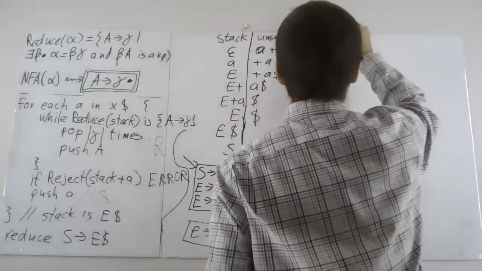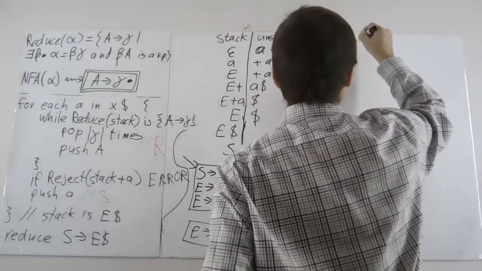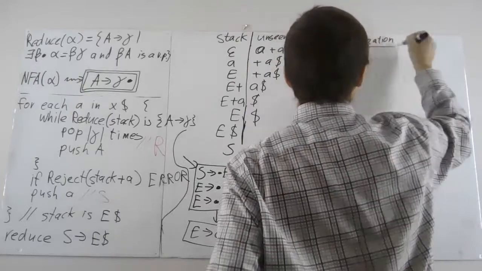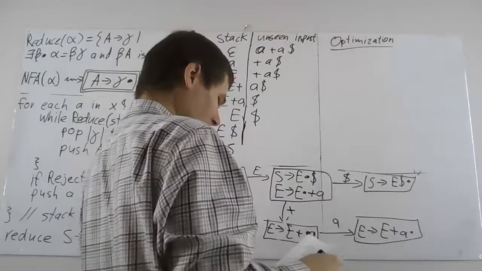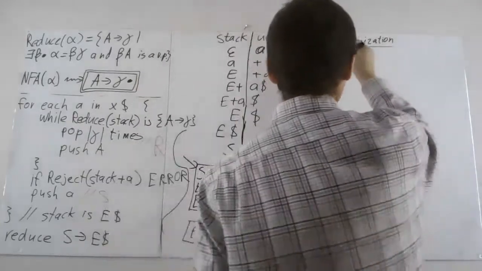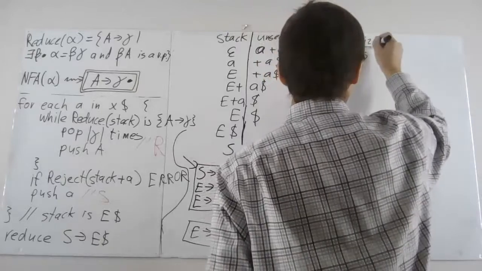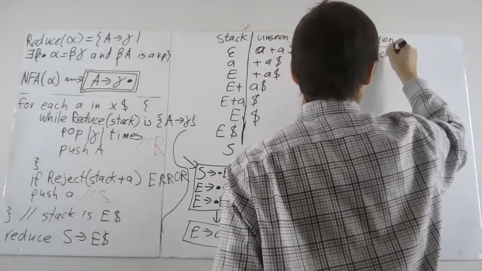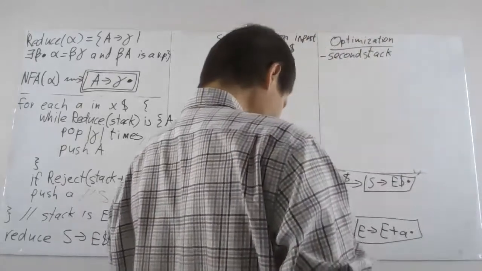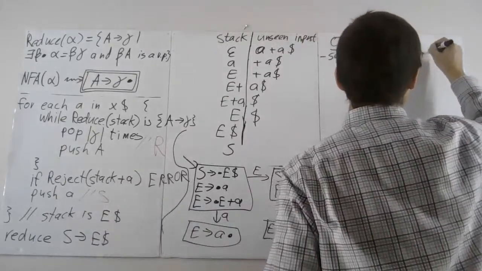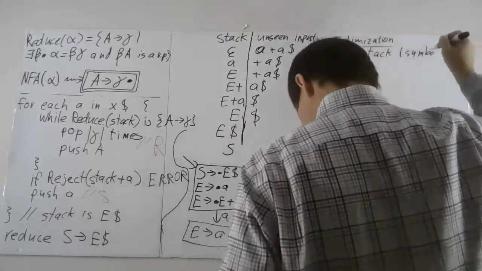So an optimization that you can implement is, well, we're going to have a second stack, called a state stack.